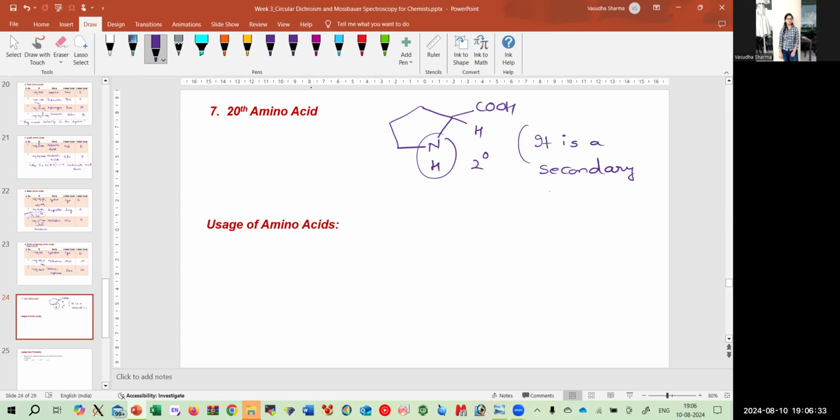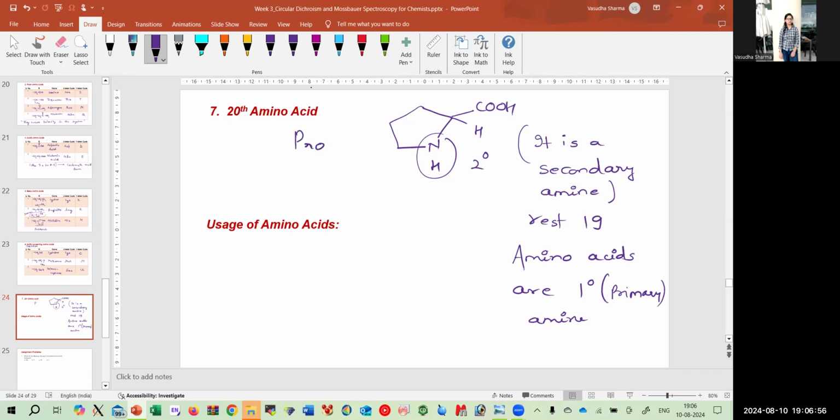The rest of the amino acids that we have talked about have NH2 groups. The rest 19 amino acids are primary amines. Its name is proline.